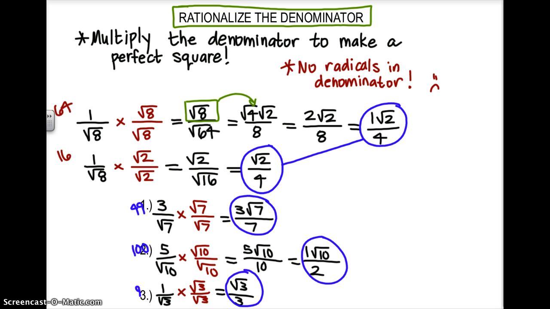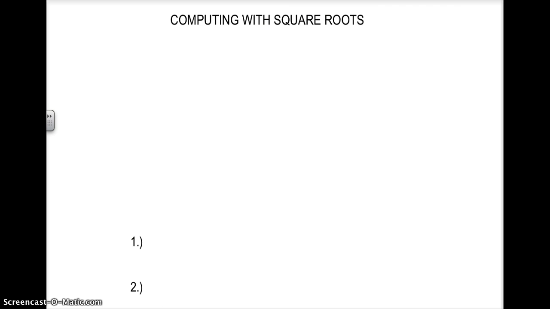Last thing. Computing with square roots. How do we add and subtract? In order to do that, we need to know what are like radicals versus unlike radicals. Okay, what are like radicals versus what are unlike radicals? Here's what it takes to be like radicals.